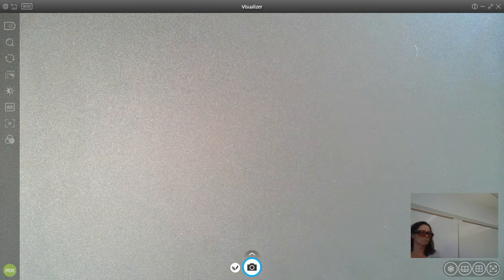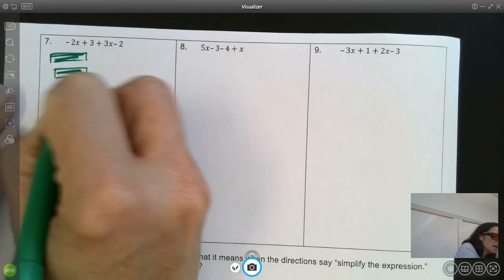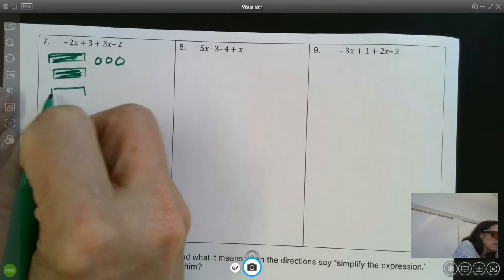All right, same directions. Model what you see. If you want to model more efficiently, show the change you're making. So I've got 2 negative x tiles, 3 positives, 3 positive x tiles, and I'm taking away 2 positives.